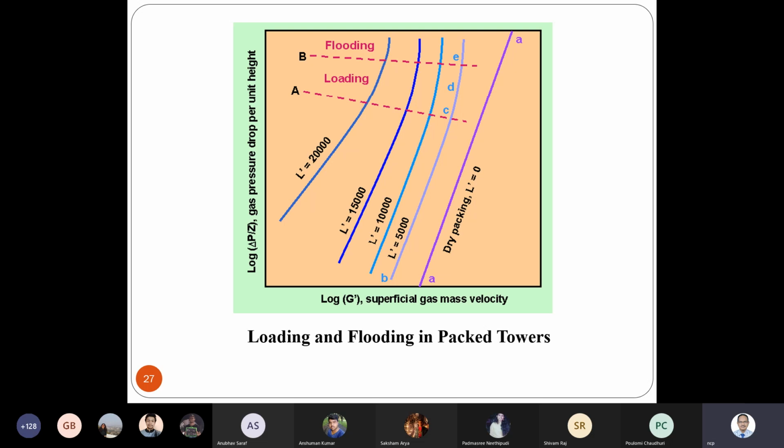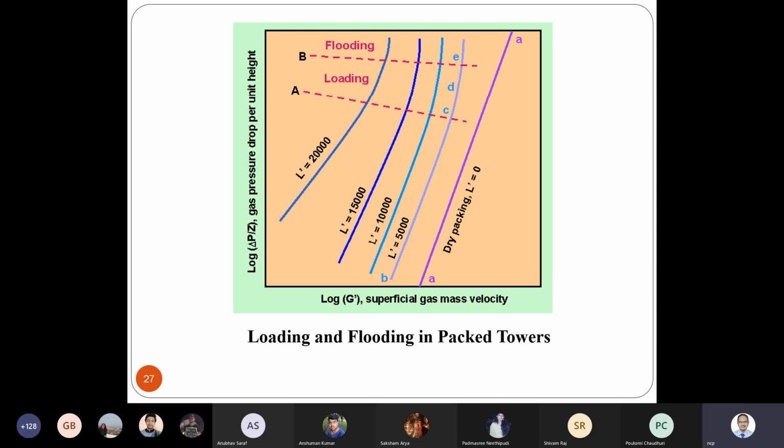The tower is actually getting loaded with the liquid, and that decreases the void fraction for the flow of the gas, right? So that's why the gas pressure drop will increase much faster with increased gas velocity. That is due to the increased liquid holdup inside the tower.